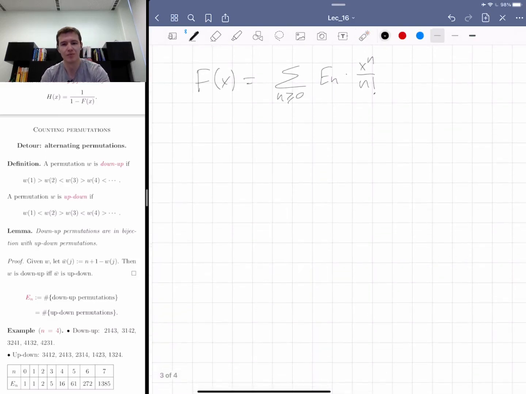I can tell you the answer right now. I'm not going to prove it completely, but I'm going to give you a sketch which can be made into a rigorous proof. The claim is that f of x is secant of x plus tangent of x.